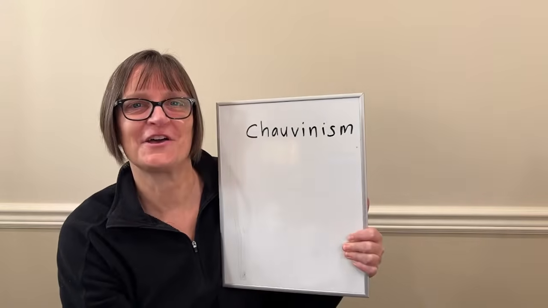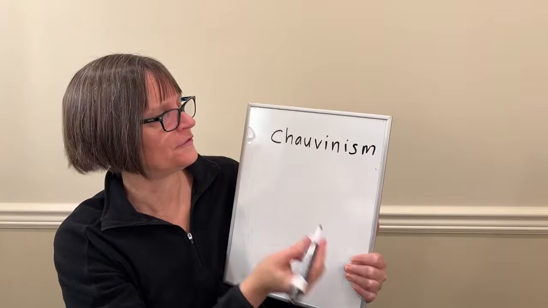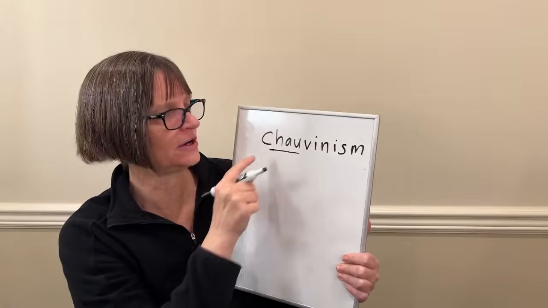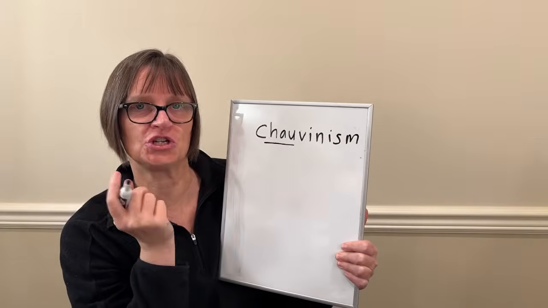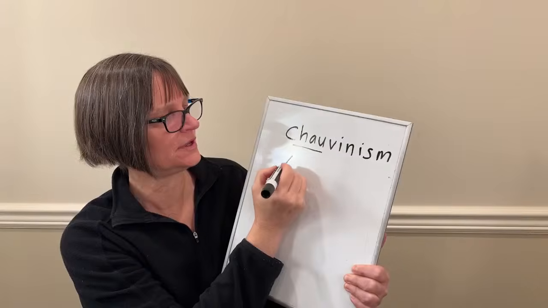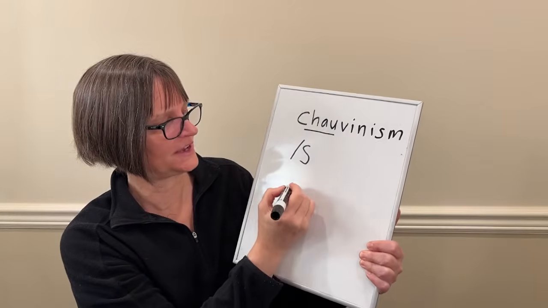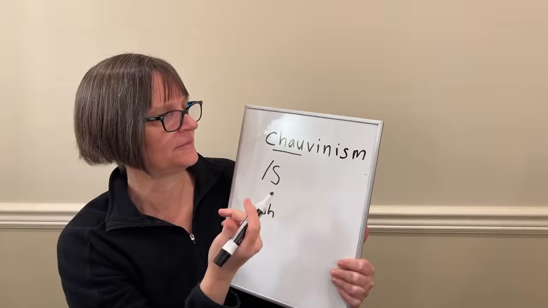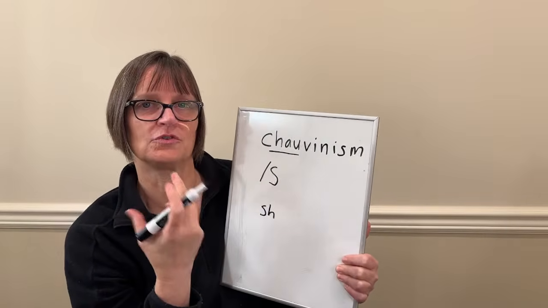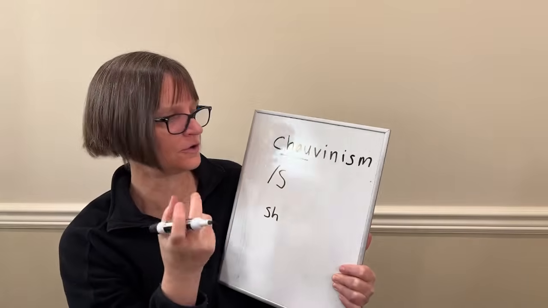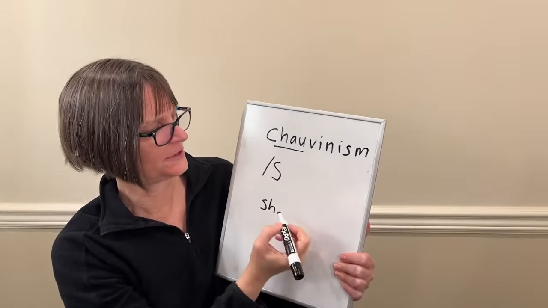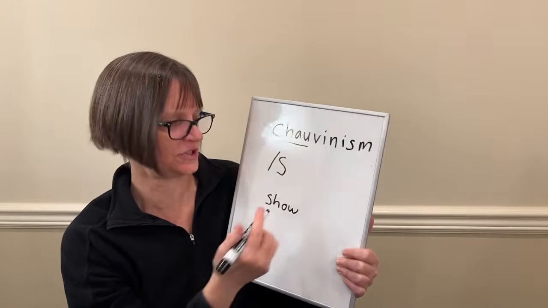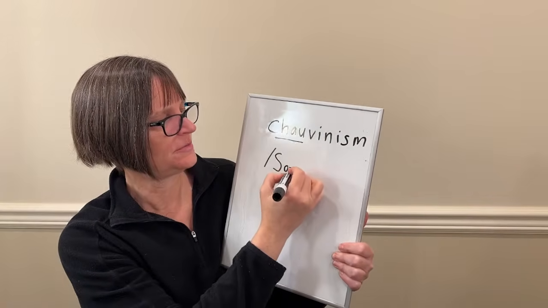Okay, let's look at how to pronounce chauvinism. So first syllable stress, show, kind of an unusual spelling here. The letters CH actually say the SH sound in this word. So I'll rewrite it for you with letters SH. Letters AU say the O sound. This comes from the French, like they have the word chaud for hot and froid for cold. But in American English, we say it with the O sound, just like in show, O diphthong.